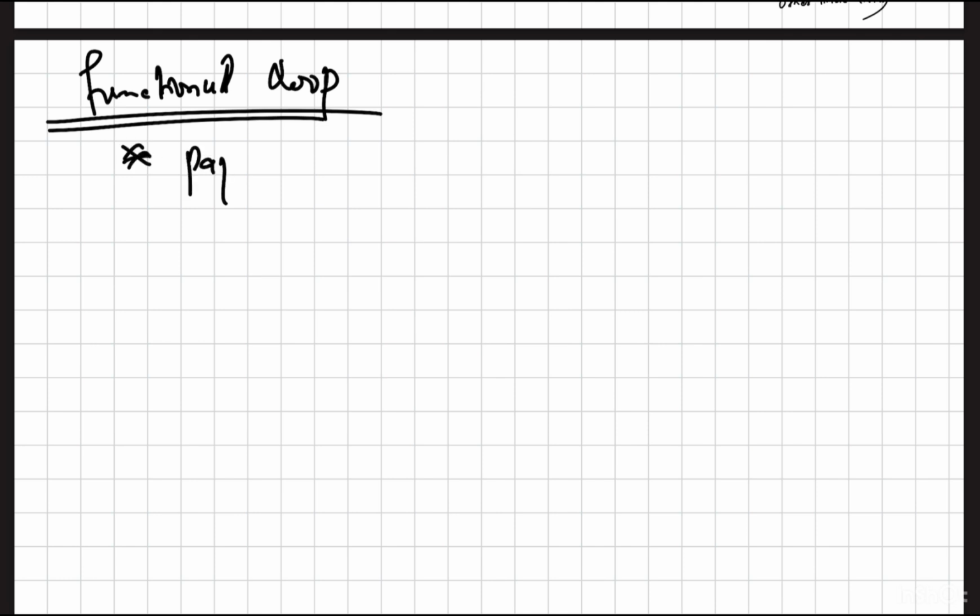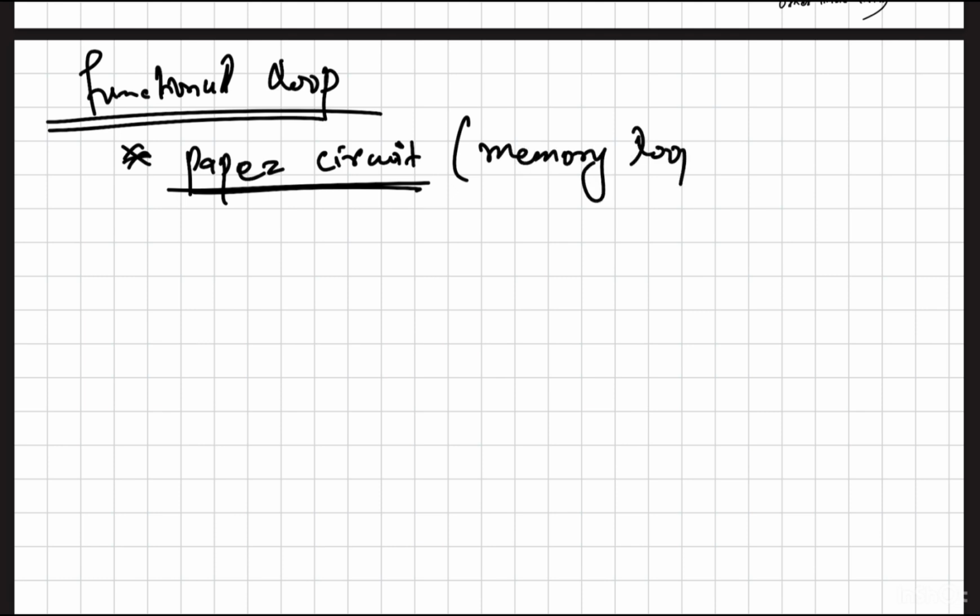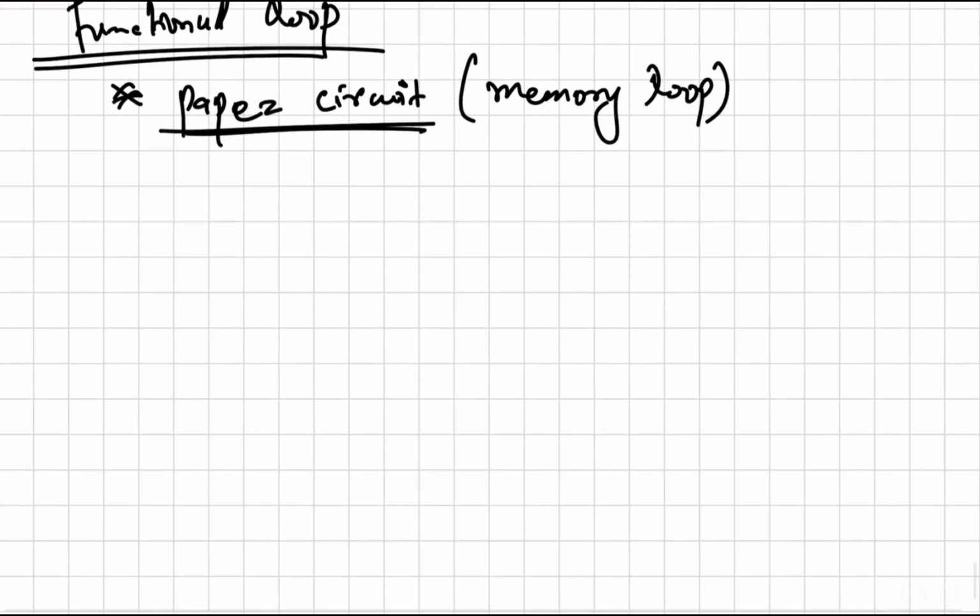This is known as the memory loop. When we look at the history, it was discovered by James Papez in 1937, and this is the classical pathway for memory and emotion integration.